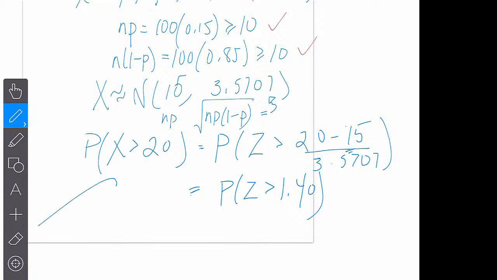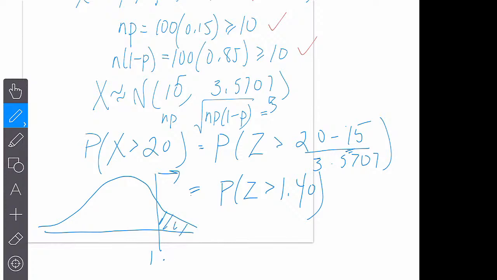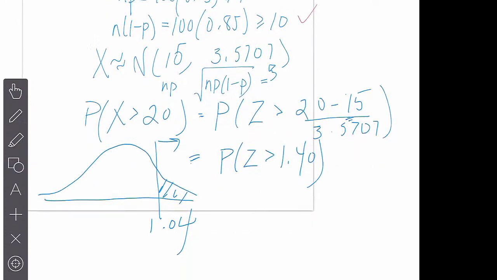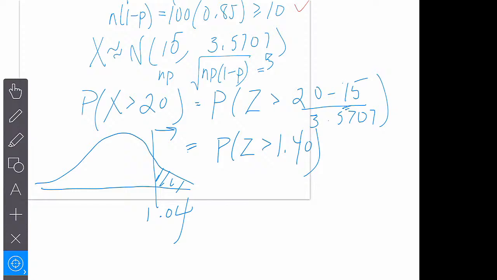Thinking of the curve, you could look up negative 1.40 and find the answer. The answer is 0.0808. Right, so sorry for the mistakes, but let me know if you have any questions.